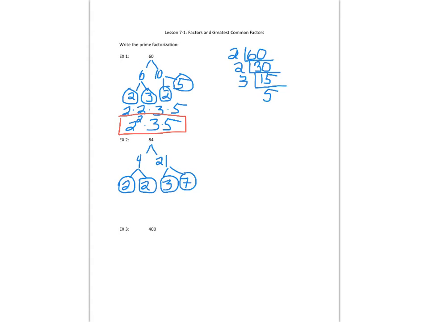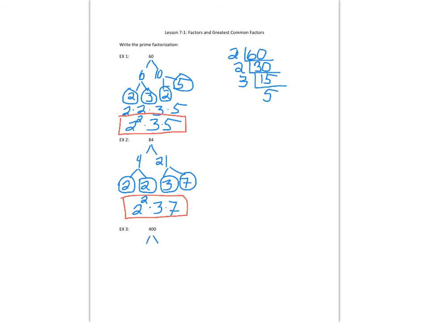And because we're done, we have all circled numbers, we can write it in exponential form. So I've got 2 to the second, because I have two 2's, times 3 times 7. There's my answer.